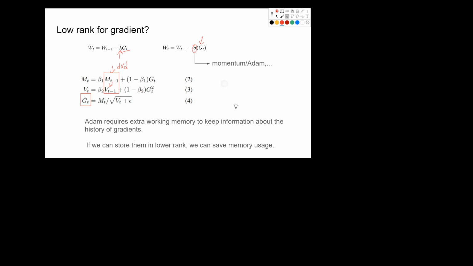For example, if we change this from 2048 by 2048 to 2048 by 512, in this way we can save 75% of the memory.